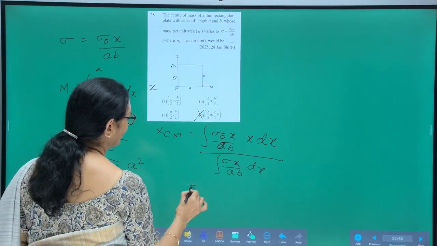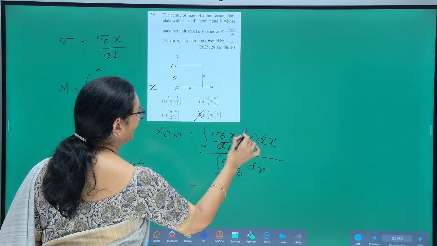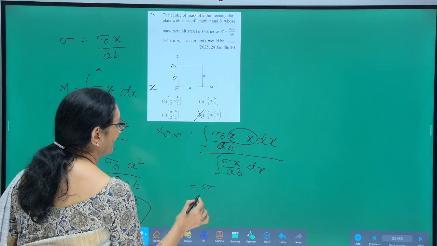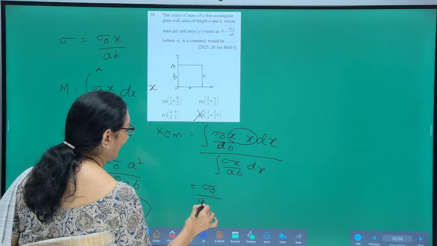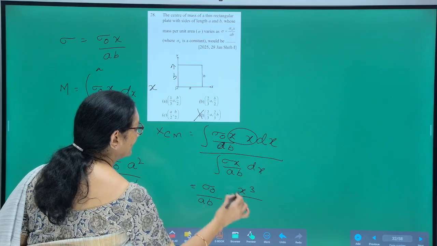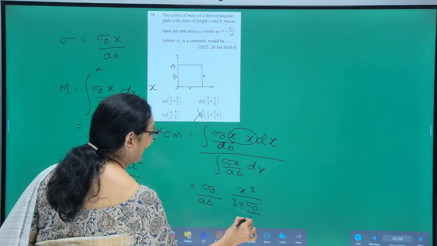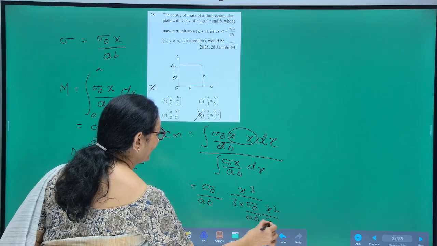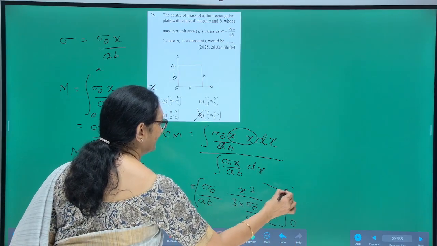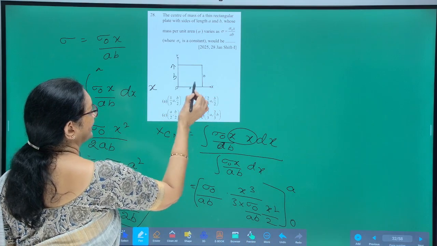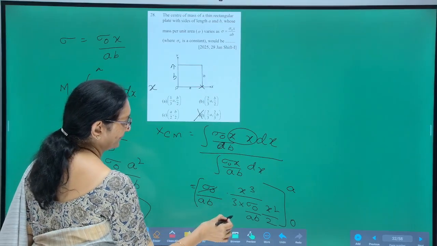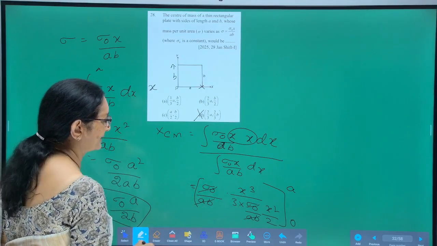See here, this is x square, integral is x cube by 3. So, it becomes sigma naught by AB into x cube by 3. This is sigma naught by AB into x square by 2. Okay, you have to integrate that within the limits 0 to A, because along x axis it is extending up to A. Actually, sigma naught by AB, sigma naught by AB gets cancelled.